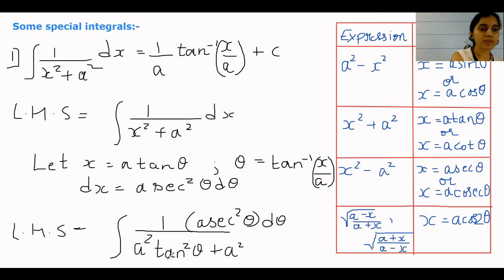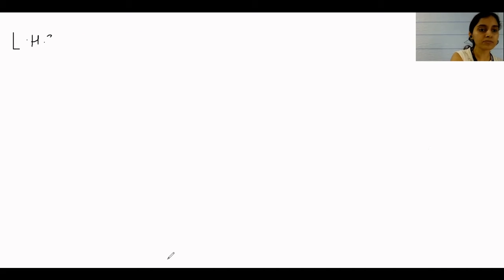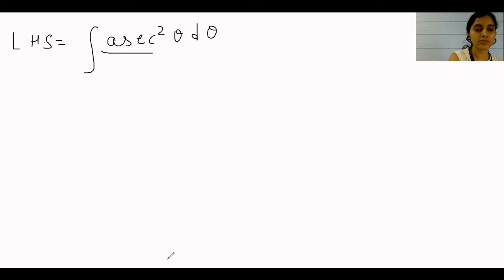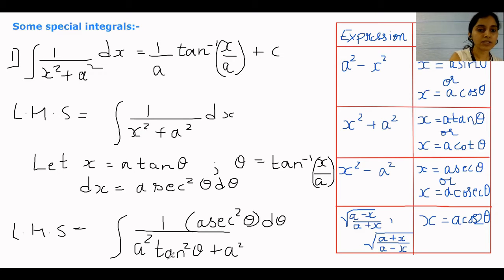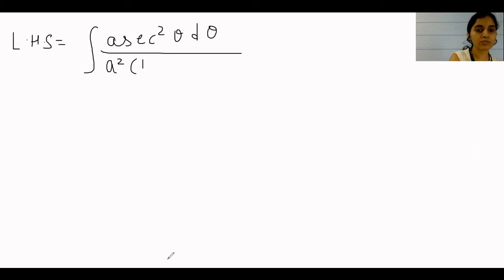LHS is equal to the integration of a sec square theta d theta divided by, now in this you have a square common, so we'll take a square common, tan square theta plus 1. What is tan square theta plus 1? It is sec square theta.